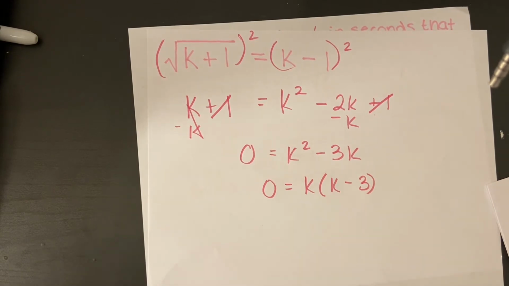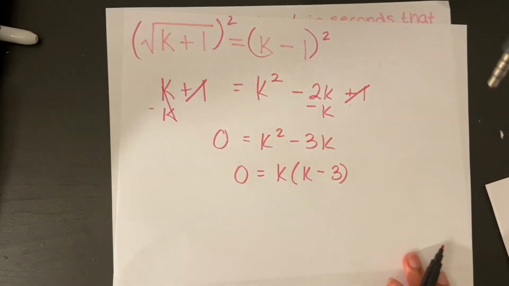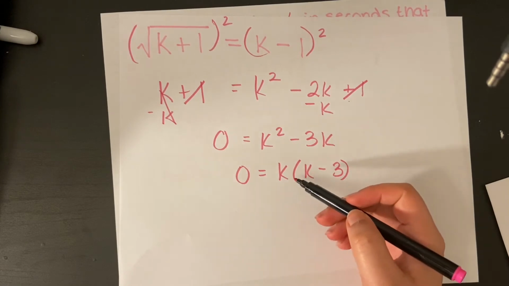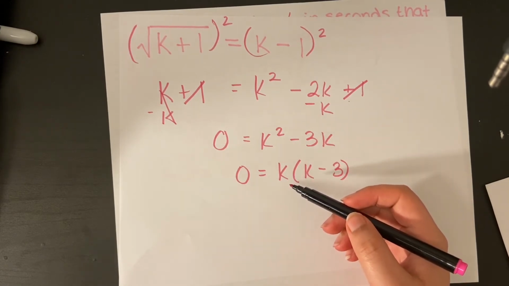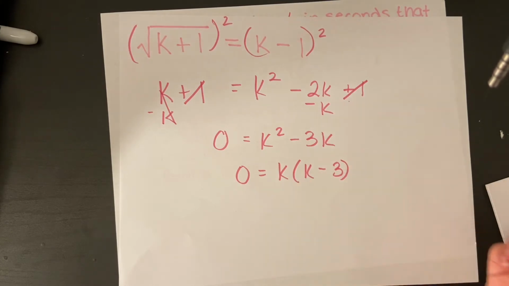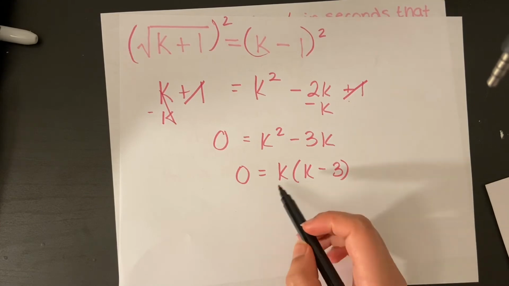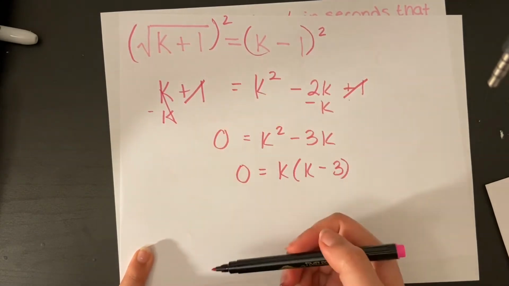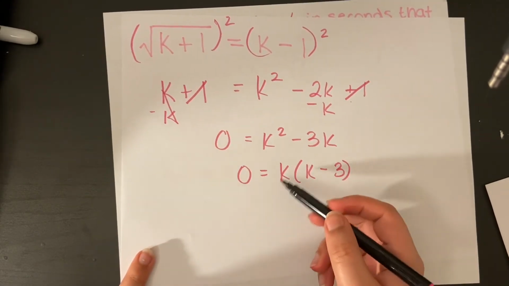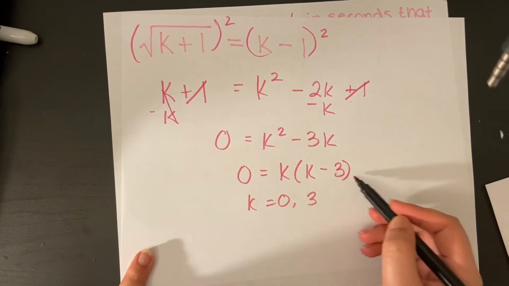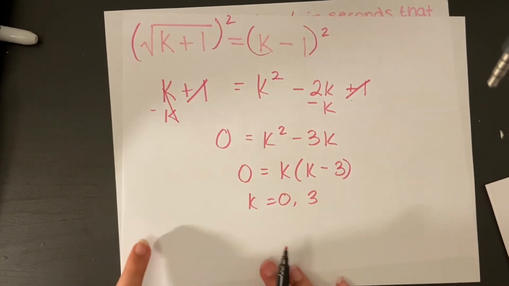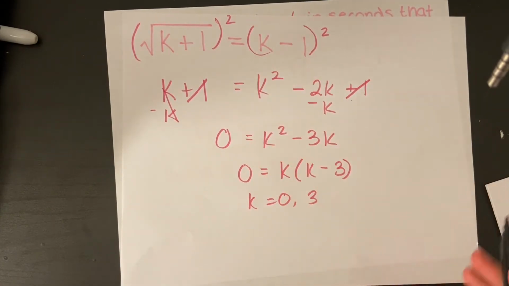Now, let's see which ones actually make sense. Let's substitute k for 0. If we go back to check our answers, k can either equal 0 or it can equal 3. So let's put 0 in.